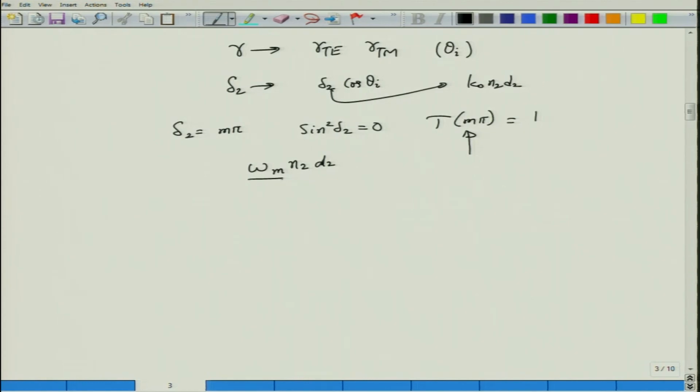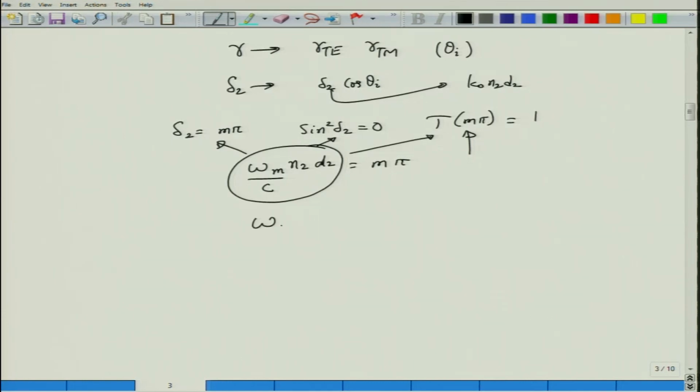But because I have already written n2 over here, this was correctly written as c itself, okay. If not, I could combine n2 and c and write this as up, the phase velocity. So this would be equal to m pi, okay. So when your frequency satisfies this condition, then delta 2 will be m pi, sin square delta 2 is equal to 0, and consequently the transmittivity will be equal to 1, okay.